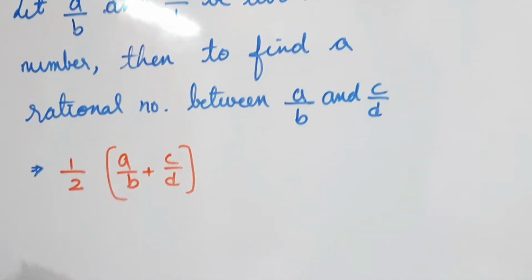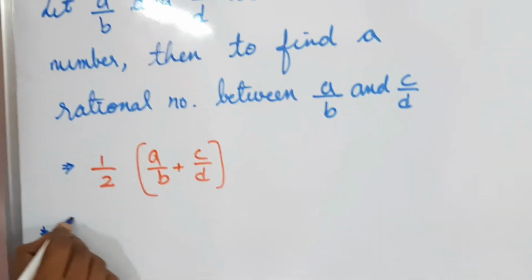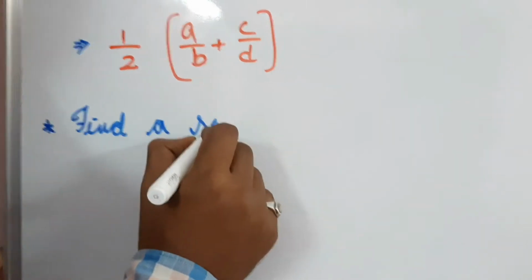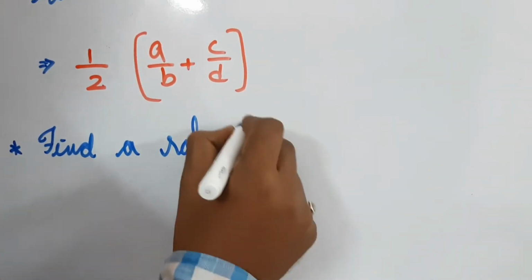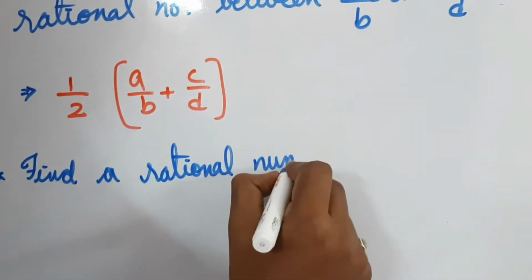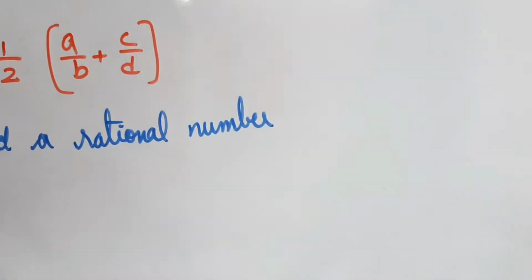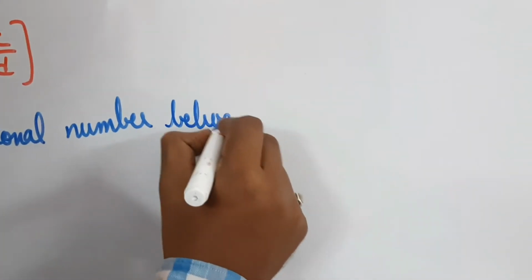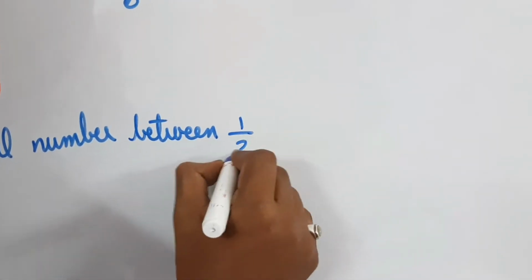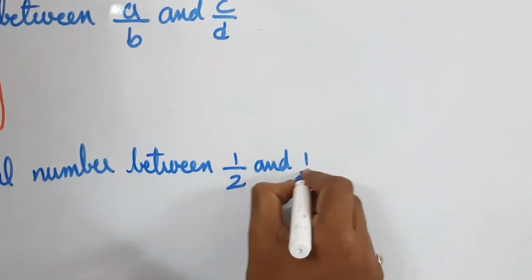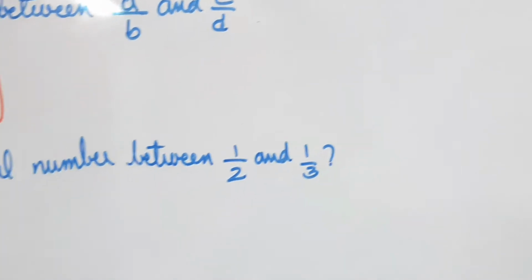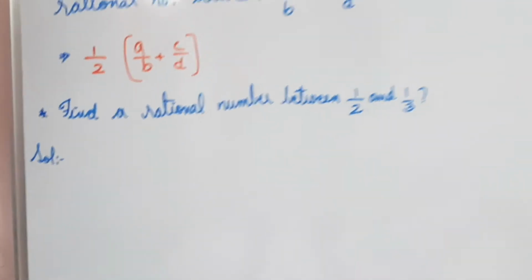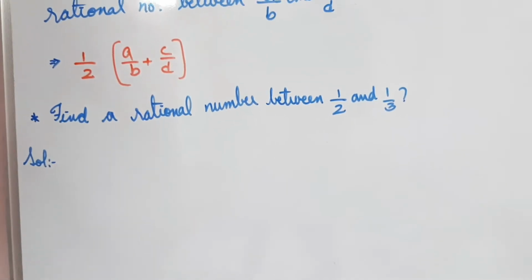For example, students, you got a question: find a rational number between 1 by 2 and 1 by 3.